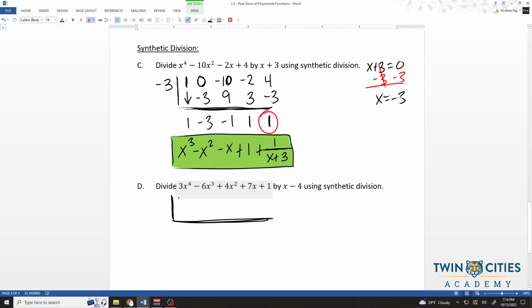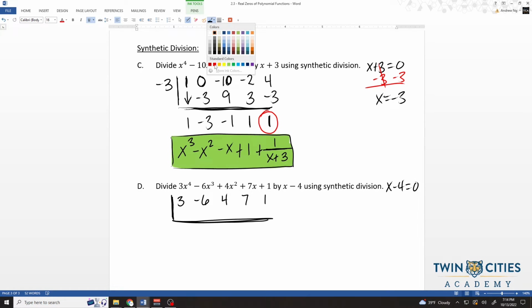So this will be 3 for x to the fourth, then negative 6 for x to the third, 4 for x squared, 7 for x, and then 1 for my constant. I'm dividing by x minus 4. So over to the right, I'm going to say x minus 4 equals 0.